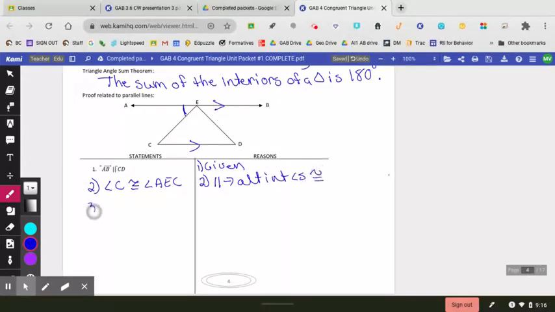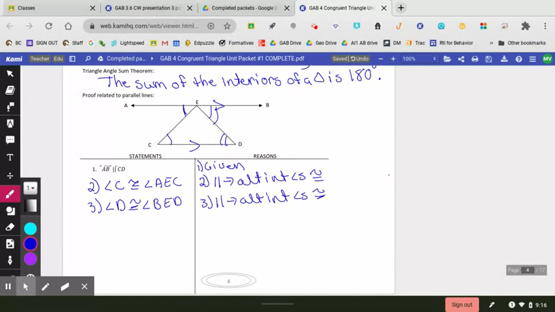And then I can say that angle D is congruent to angle BED. And that's for the same reason. Parallel implies alternate interior angles congruent. So I know C is congruent to AEC because those are alternate interior angles if CE is the transversal. And then angle D is congruent to angle BED because DE would be the transversal, and those are alternate interior angles.